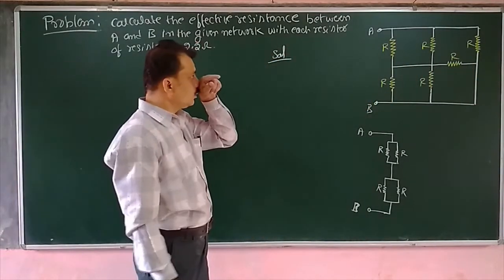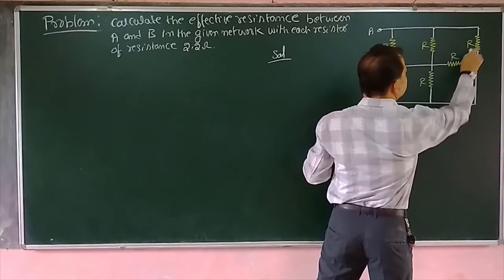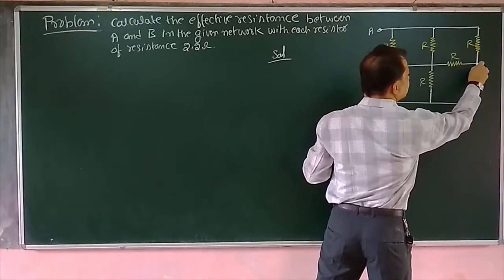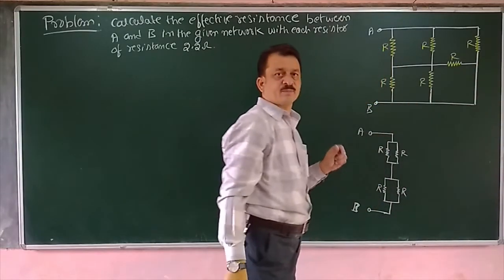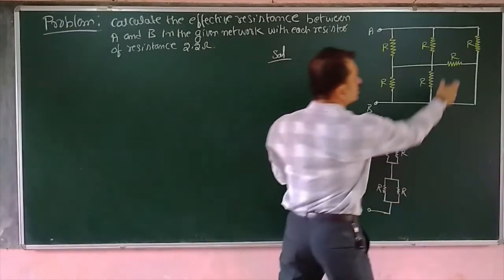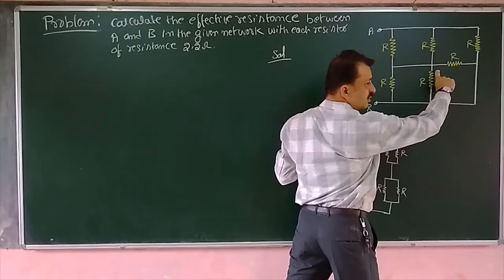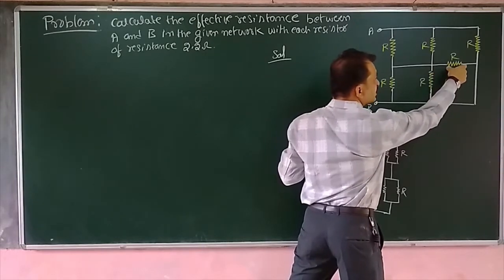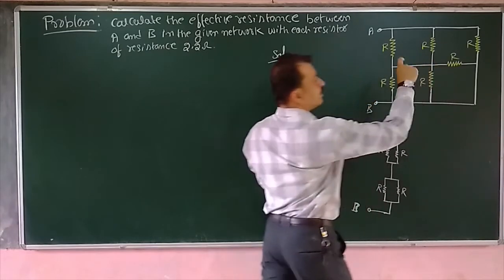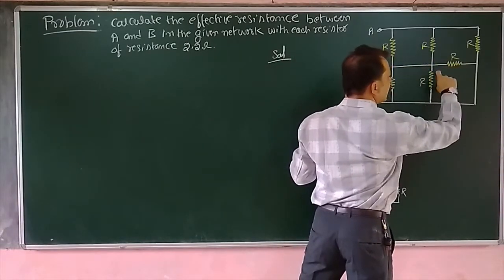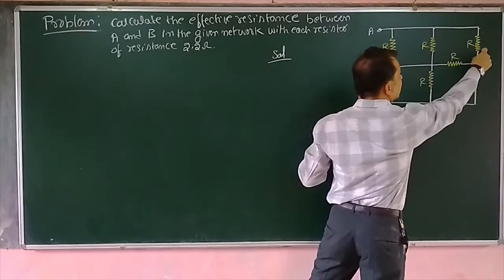Now look here. These two resistors are connected at this point and they are connected to this bottom point. So this resistor is parallel to the bottom resistor.